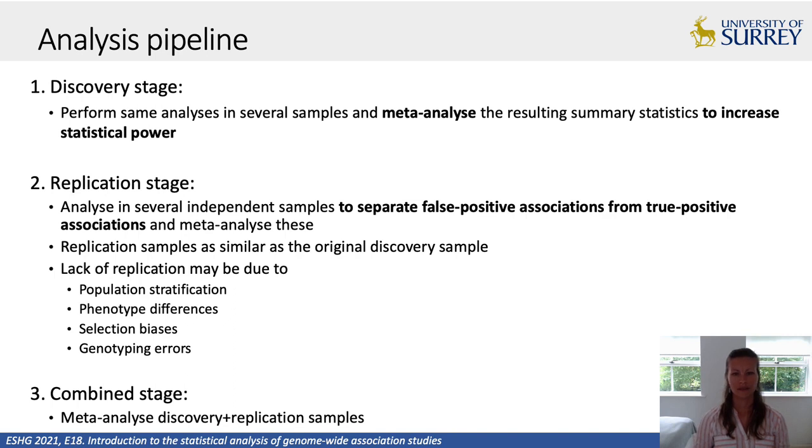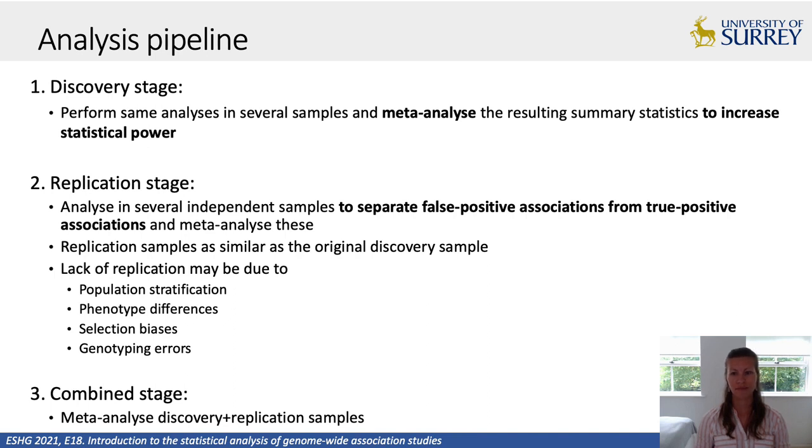The analysis stage usually consists of 3 different stages. The discovery stage, where several independent samples are analyzed and then meta-analyzed, and then the results from this discovery stage are replicated in independent samples so that we can separate false positive associations from true positive associations.